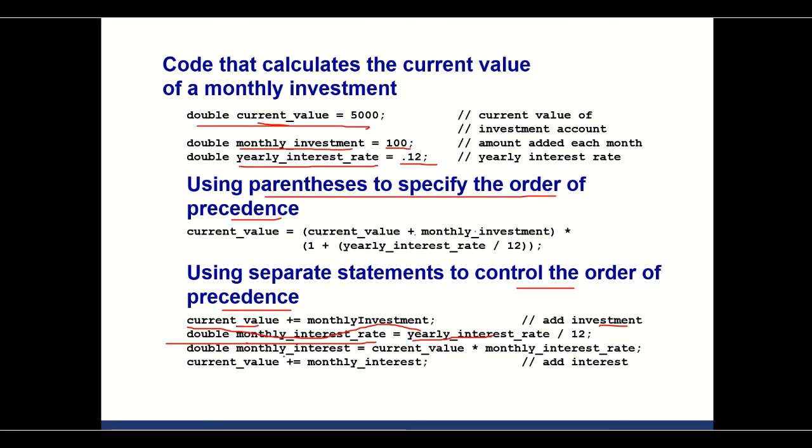Then you calculate the monthly interest, based on the current value. Then you increment the current value with the monthly interest. So this is much more granular. There are multiple steps, but you can accomplish the same thing if you use the parentheses.